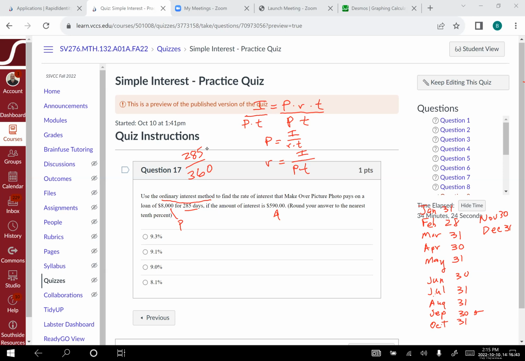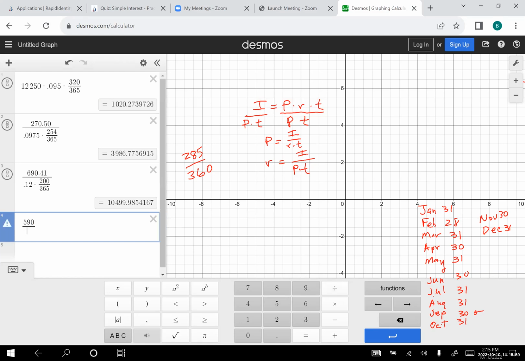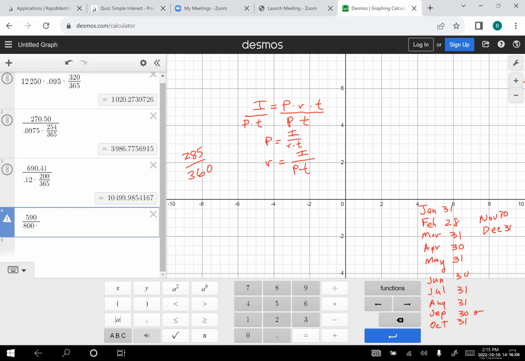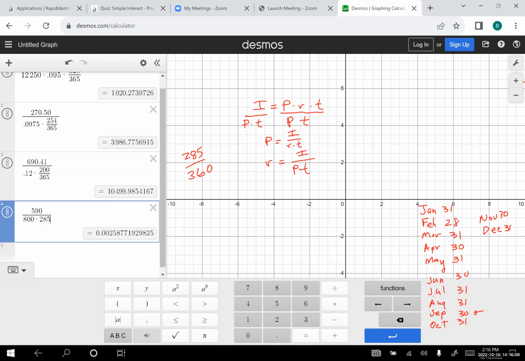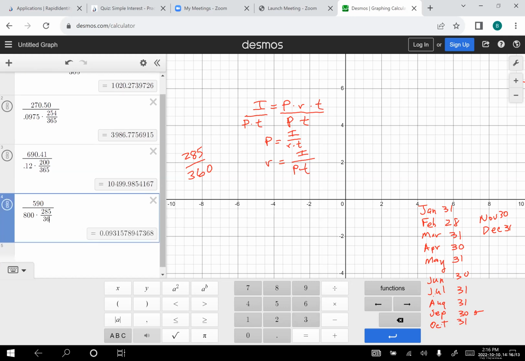Okay, let's put this in a calculator. $590 in interest divided by $8,000 principal times the time of 285, but this time divided by 360. Does that answer look similar to any of your answers?